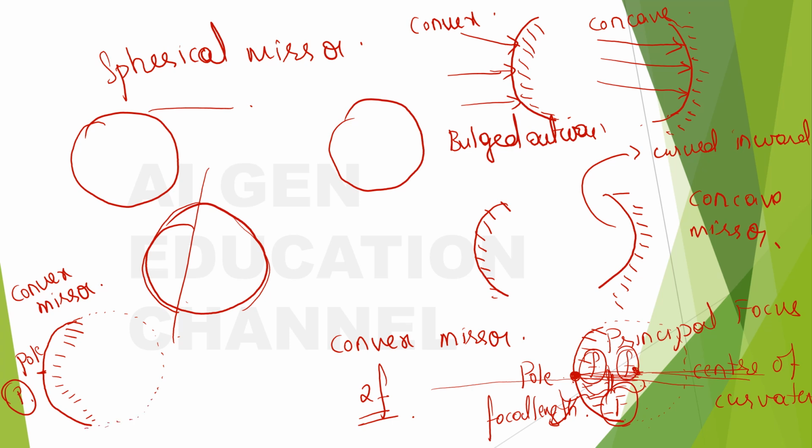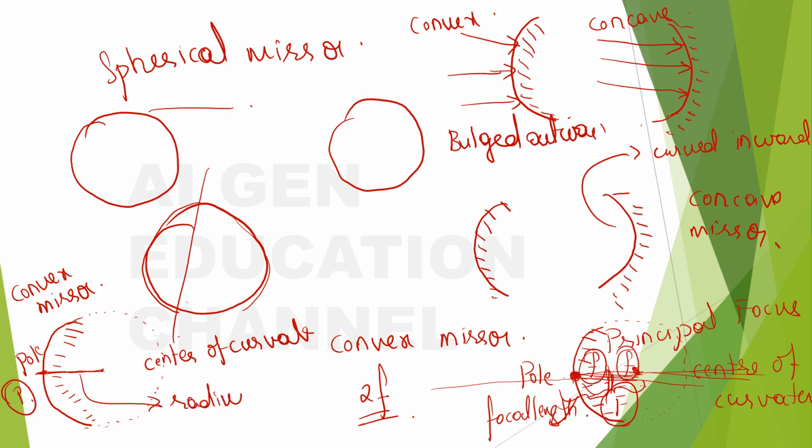As I mentioned earlier, if you make this part of a sphere, the center of the circle is the center of curvature, and the radius of this circle is called the radius of curvature.